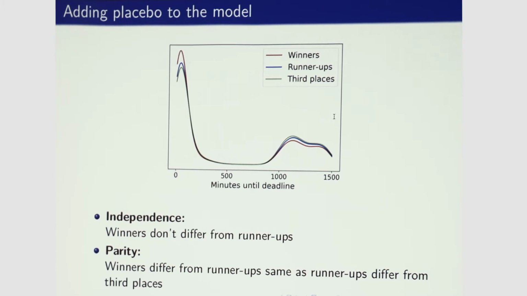Technically, it's the following. The difference of probability density functions of fair first and second places in real auctions is the same as that in placebo auctions. So it's the difference of probability density function that is the same.